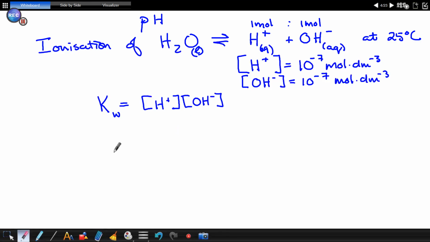And that is where 10 to the power minus 14 comes from. Is there a lot of hydrogen ions or hydroxide ions in water? Definitely not. Why? Because this thing is very much smaller than 1.